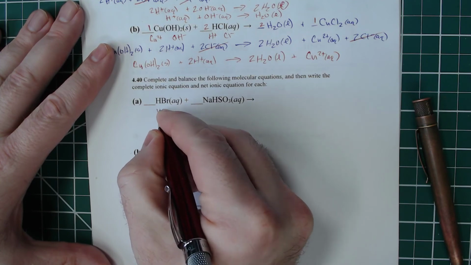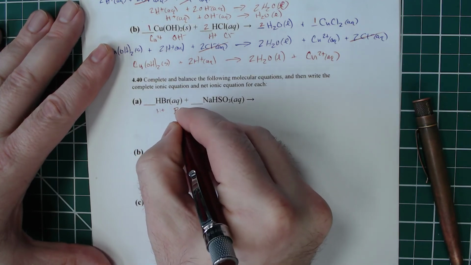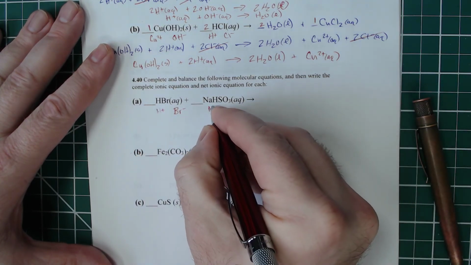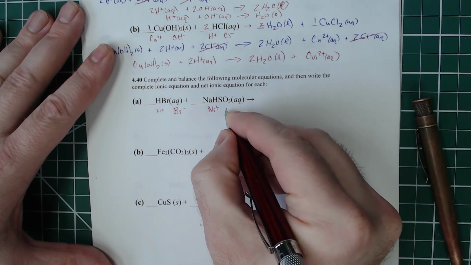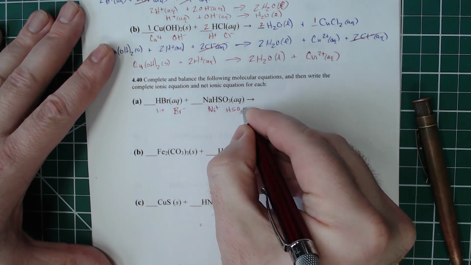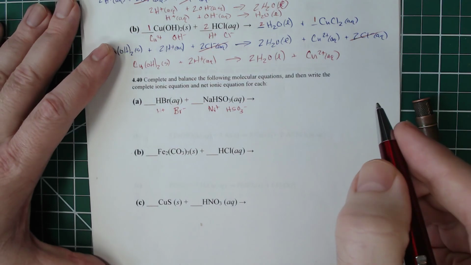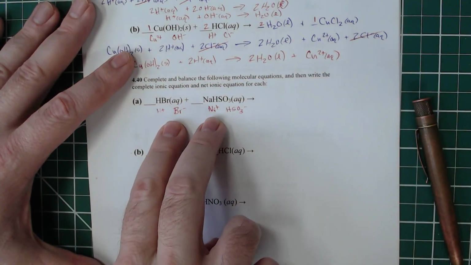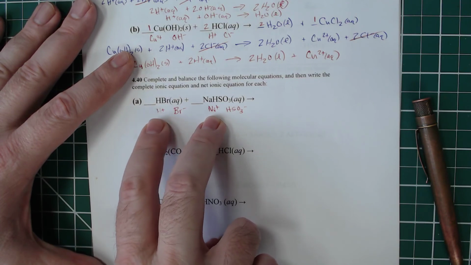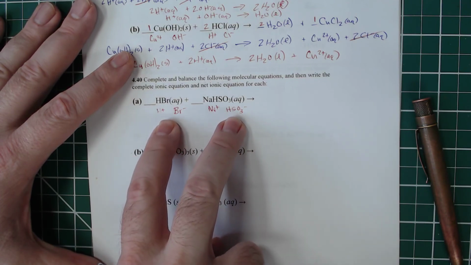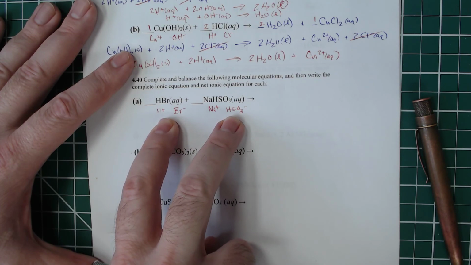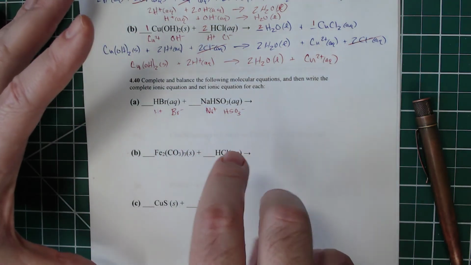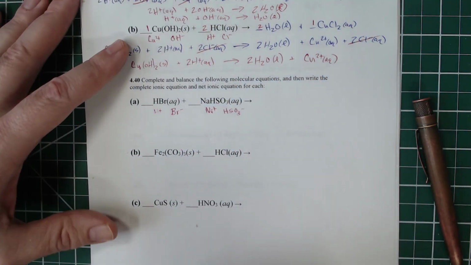So we have H plus, bromide, and then sodium ion, and then HSO3 minus. That's the bisulfite ion. The sodium and the bromide are going to make an ionic compound, and the hydrogen and the bisulfite ion are going to make sulfurous acid, which instantly decomposes to give us SO2 and H2O.